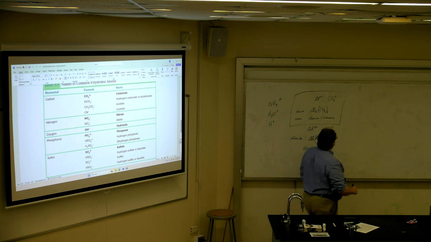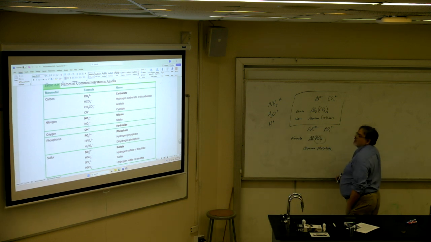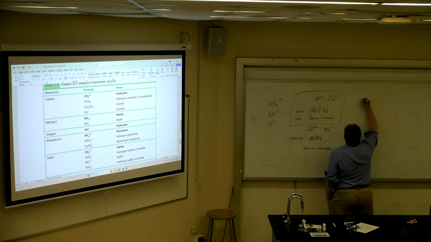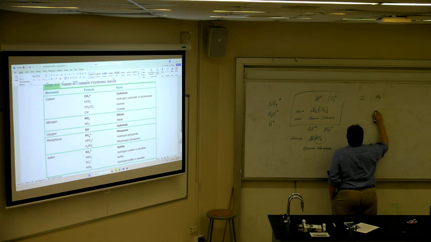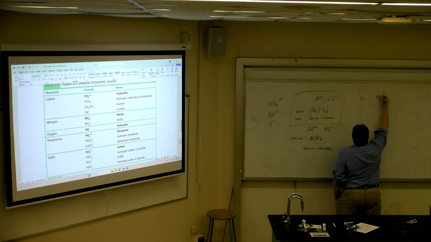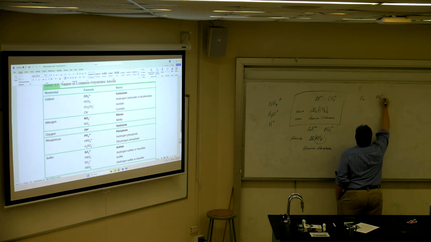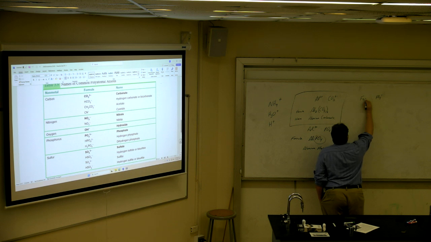What about iron phosphate, this is necessarily 3 negative. And let's say it's iron 2. So this one would be Fe3.